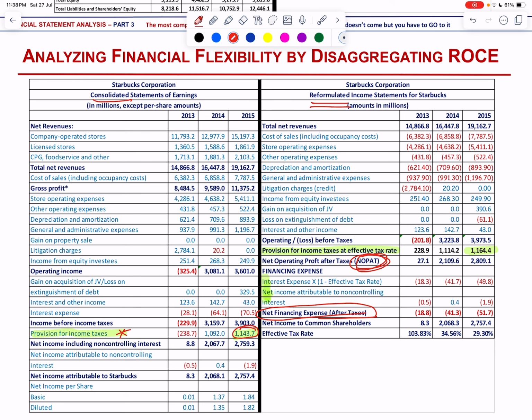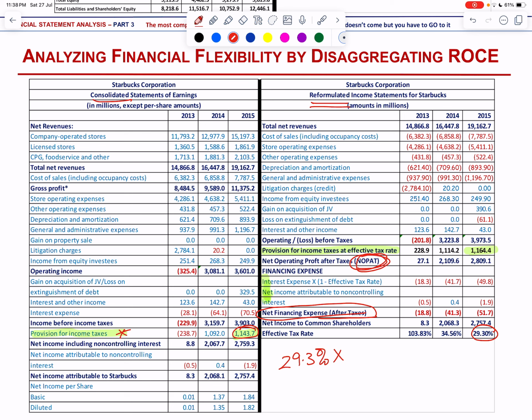You can see this is calculated as the effective tax rate, that is 29.3% times income before income taxes, that is how much?